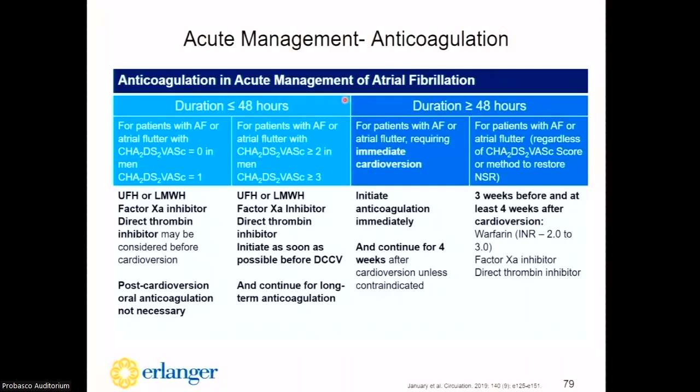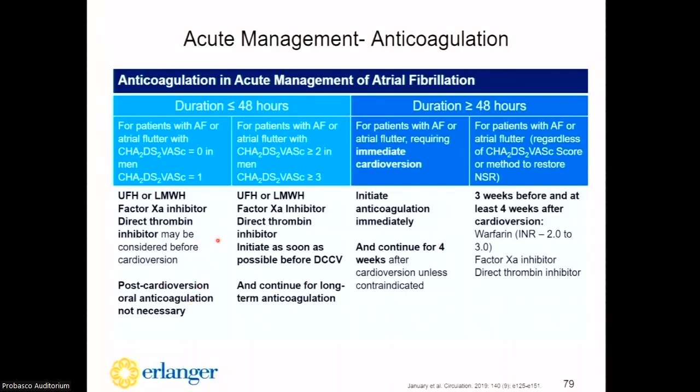For our patients that have had atrial fibrillation for less than 48 hours, we typically consider these patients to be at lower risk for developing that left atrial thrombus that we're particularly concerned about, and what would lead us to consider anticoagulation in these patients. If patients are less than 48 hours and they already have lower thromboembolic risk, these are the recommended agents, and you can potentially consider those.